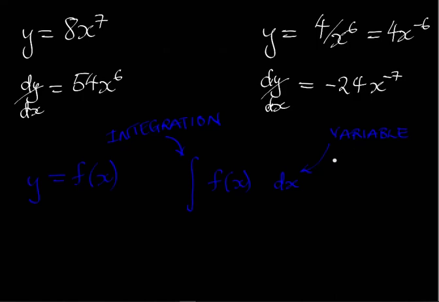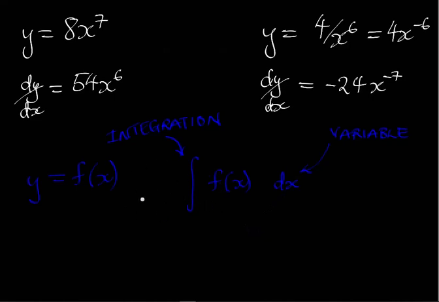So in questions, as you see when we do them, you're going to notice that some of them don't give us all these symbols. They just tell us integrate this certain function with respect to x. So that with respect to x is what this dx means. It means the function here is integrated with respect to x.